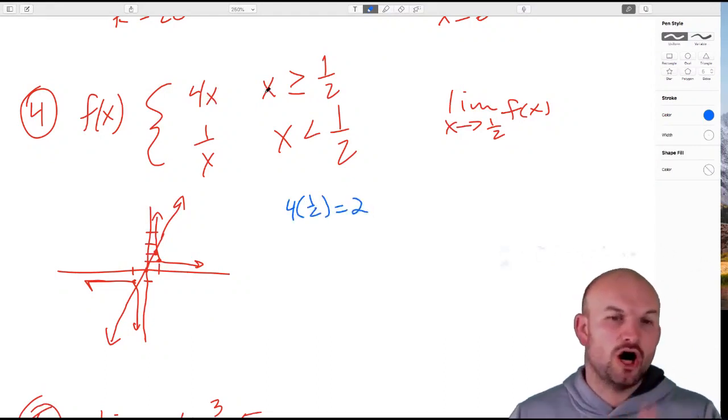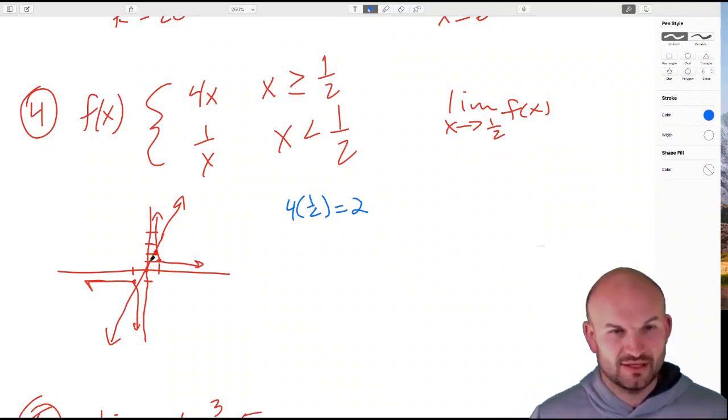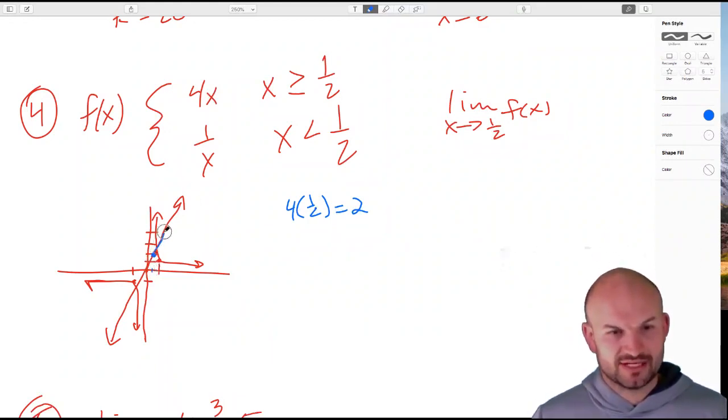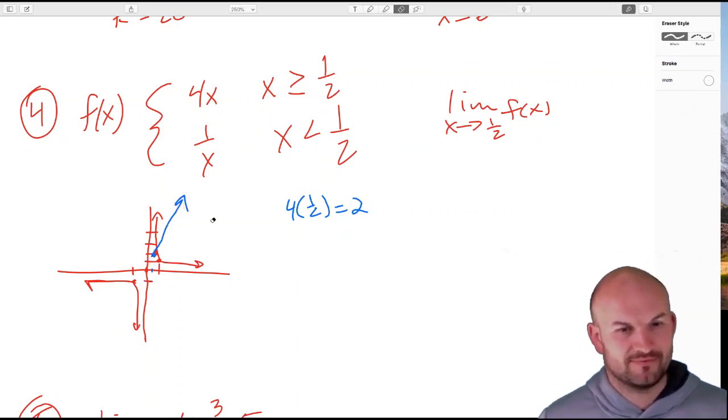So this is graphed for all values greater than or equal to 1/2. At 1/2, I'd be up at 2, and then I just continue that graph. That means the rest of the red graph is not part of the piecewise function, so I'm going to erase it.